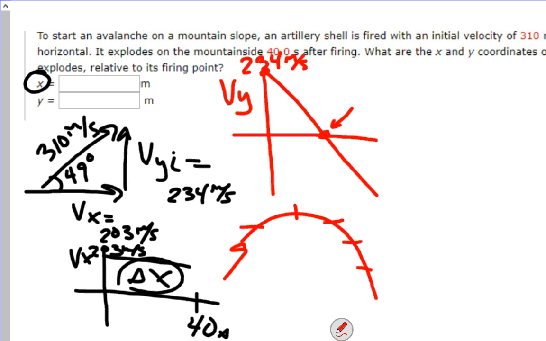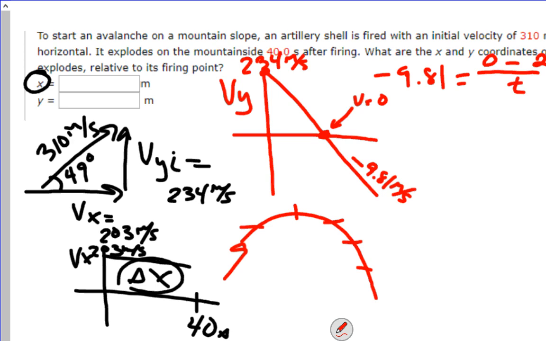So let's consider slope. We know that the velocity here is 0, right? So negative 9.81 equals, again, this is my VF, so 0 minus 234 over t.